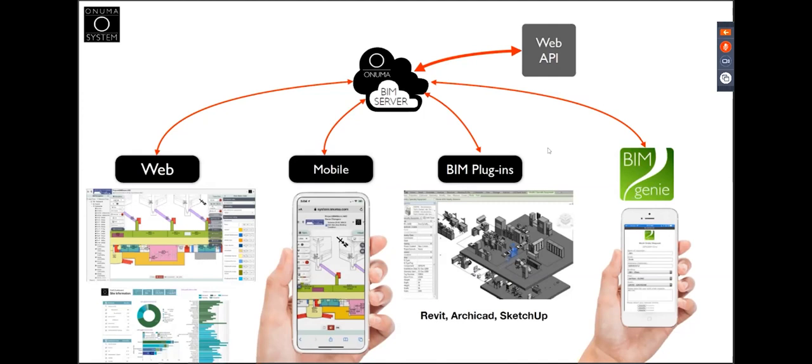In case, for example, somebody wants to take data out or link to their own facility management application, not BIM Genie, then it's possible. That's a very unique angle of ours over the years, keeping the data open and accessible in an open format, so not to have to rely only on one application, not even relying only on our application.